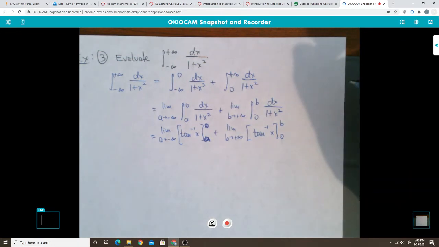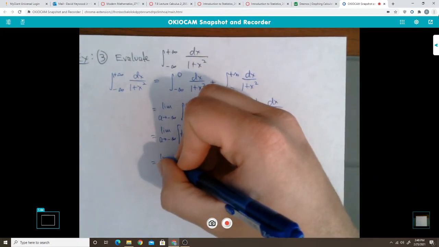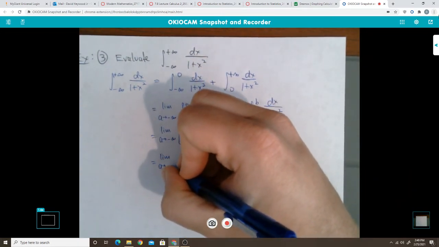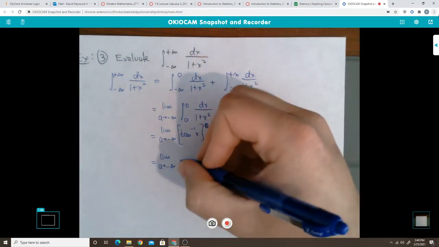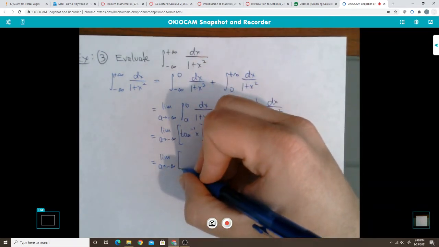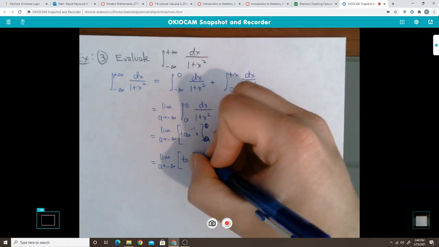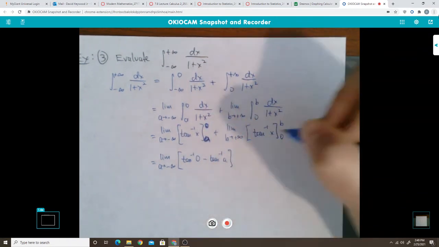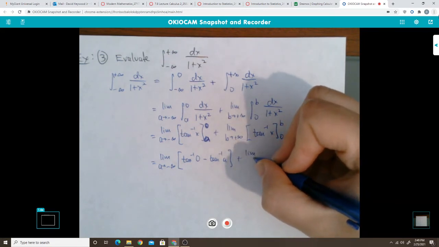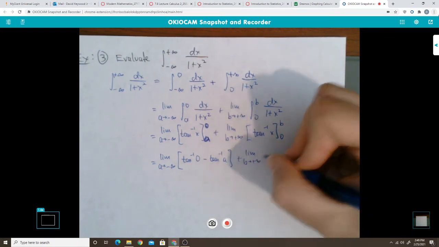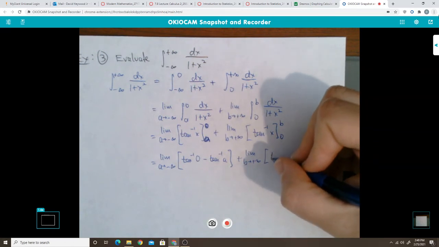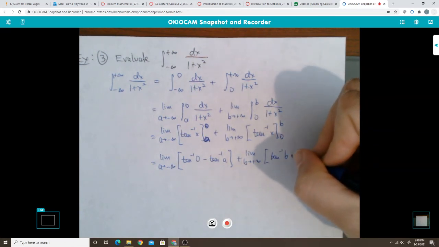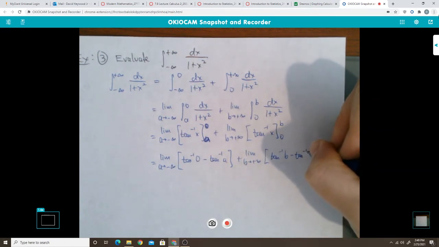Okay, so this is going to be the limit as a goes to negative infinity of tangent inverse 0 minus tangent inverse a, plus the limit as b goes to positive infinity of tangent inverse of b minus tangent inverse of 0.